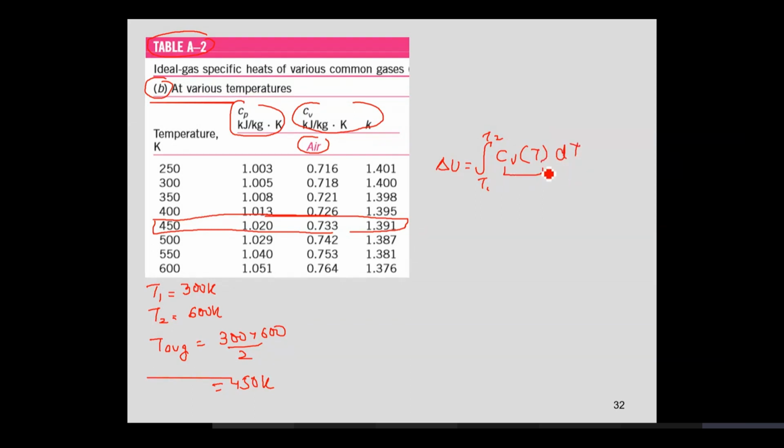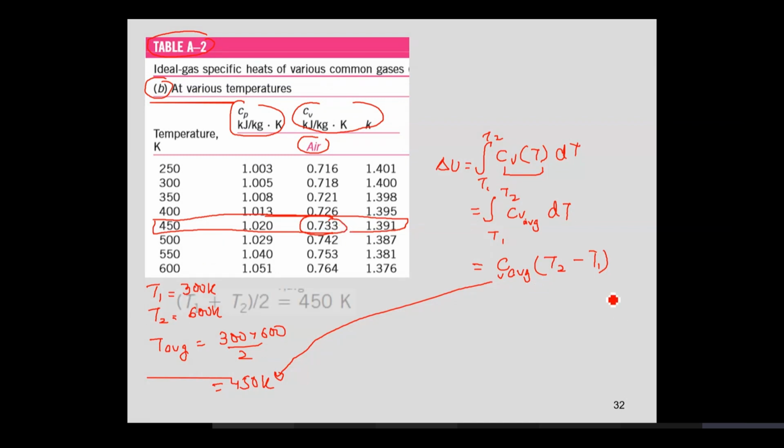Now, if this value is a constant value, I can have this relationship: integral from T1 to T2 of Cv average dT, and Cv average could come out and be multiplied by T2 minus T1. This average value is the value at average temperature, which is 0.733, and then I can multiply it by the temperature difference.